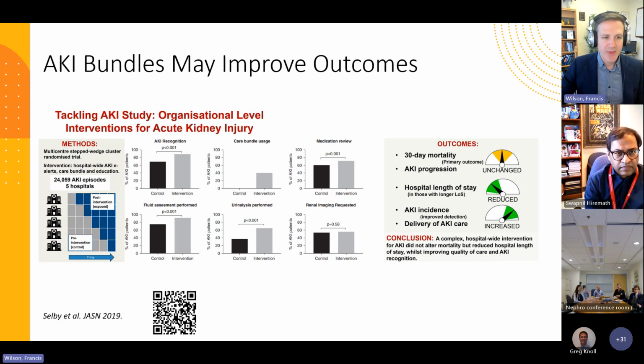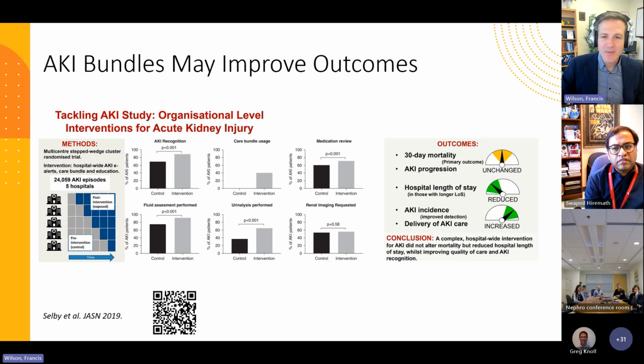The study enrolled 24,000 people across 5 hospitals. And you can see from the bar charts here that it did move the needle in terms of AKI recognition, medication review, fluid assessment, urinalysis. These are all things that were on that bundle. So, if you tell the provider to do something, a lot of times they'll do it. What that didn't translate into, maybe this is step 4, is that the action has to matter.